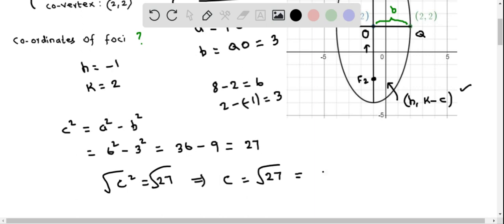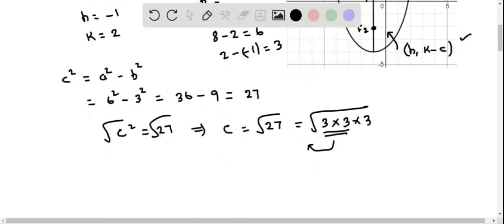This can be written as, if we write the 27 in terms of factors, this is equivalent to 3 times 3 times 3. Since we have a pair, if we take the square root, we can just take one of the pair. That is, we just replace one of the pair as 3 and then keep the other number without the pair inside. So basically, the square root of 27 is 3 root 3.